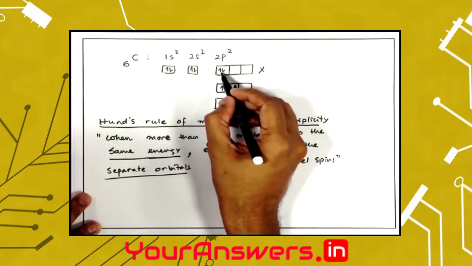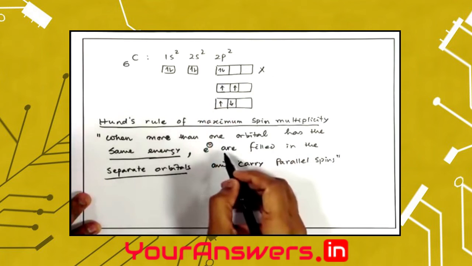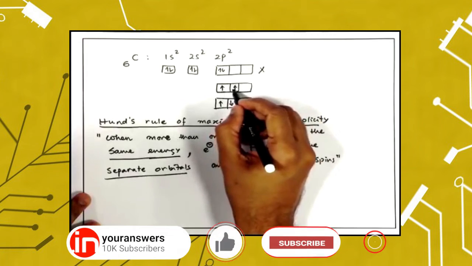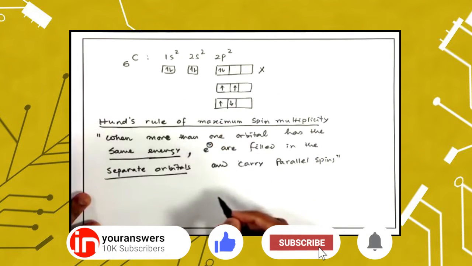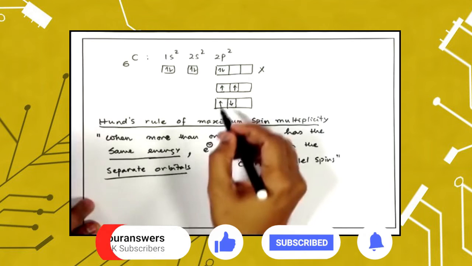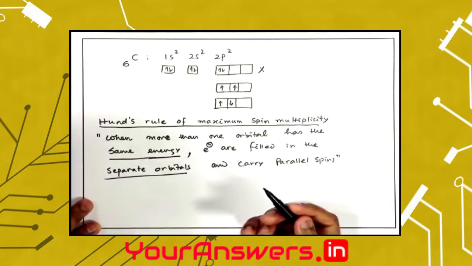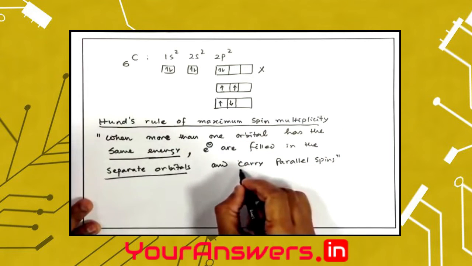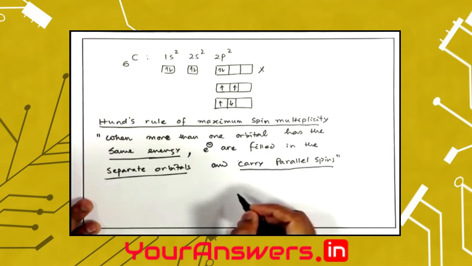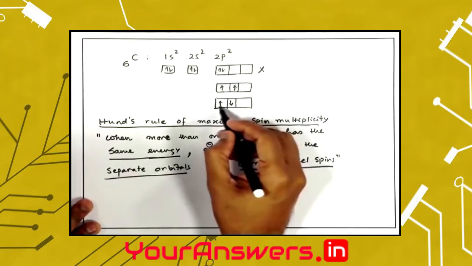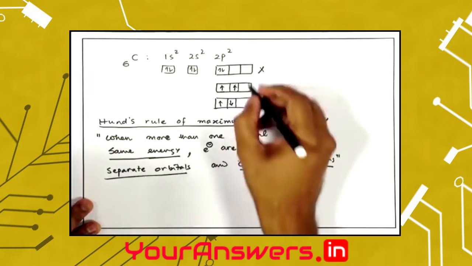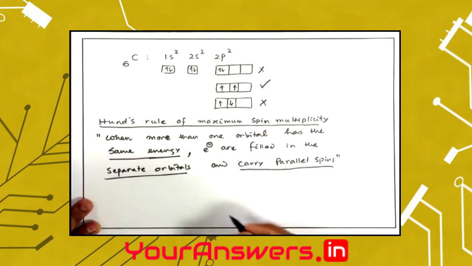So, I gave both the electrons to the same orbital. That is wrong. In the second case, I have done correctly because I have given electrons to 2 different orbitals. And in the third case also I have given them in separate orbitals. But in the third case I made another mistake, and that mistake is that they do not carry parallel spin, they carry opposite spin. So, this is again violation of Hund's rule. So, of the 3 possibilities, this one is the correct one.